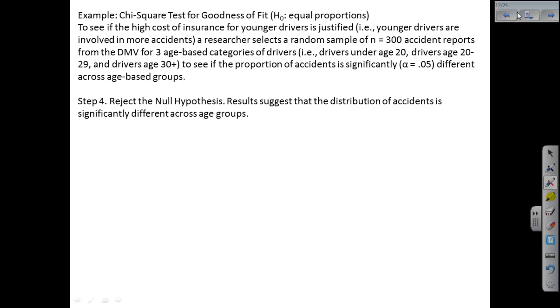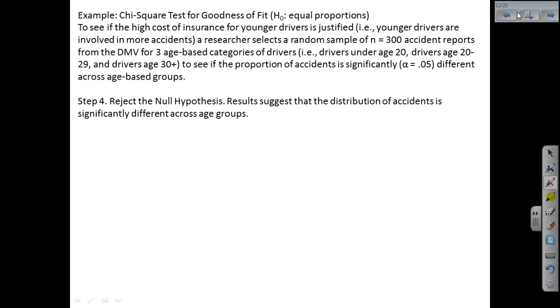Well, it's pretty inaccurate to assume that the proportion of drivers is equal across age groups. So we were looking at the proportion of accident havers, assuming that there's an equal number of each age group of drivers in the population at large.